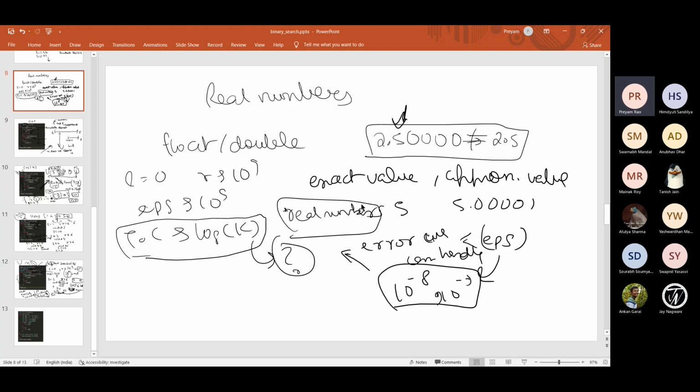Can someone tell me what the time complexity would be in this case? Anyone?